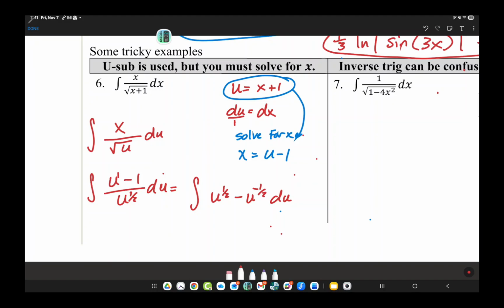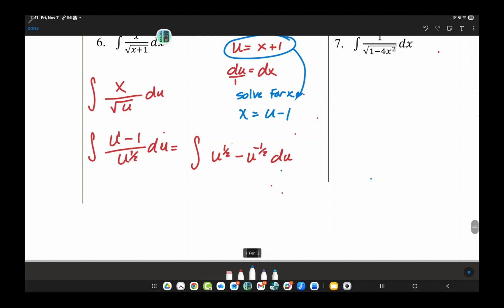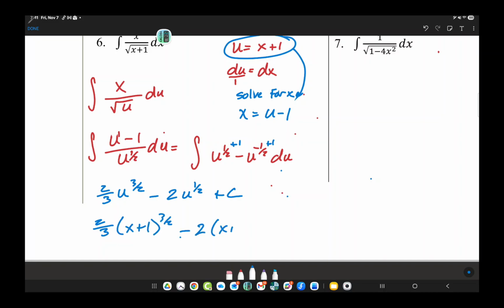Then we do the power rule. Add 1, divide by the new denominator. We get 2/3 u to the 3/2 minus 2 u to the 1/2 plus c. And then we substitute back in: 2/3 (x plus 1) to the 3/2 minus 2 (x plus 1) to the 1/2.